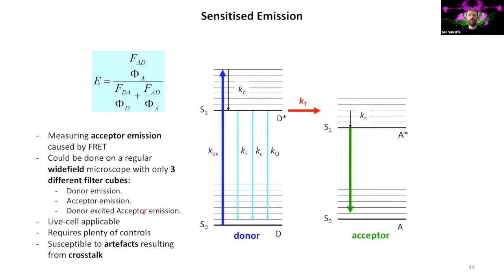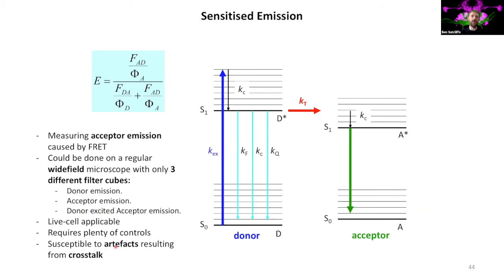Since this is fast, it can be done with live cells, so you don't have to use fixed samples. But you do have to have plenty of controls to control for crosstalk and things like that. I will go into that in a moment.